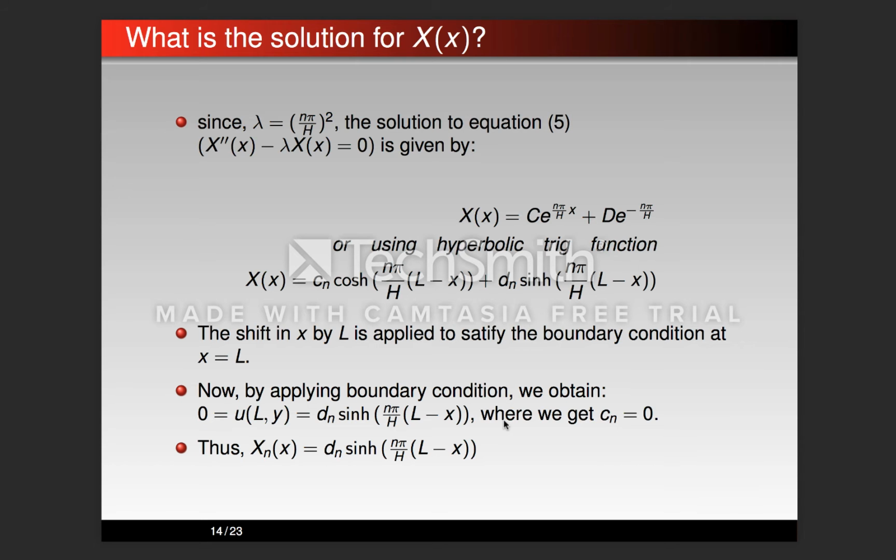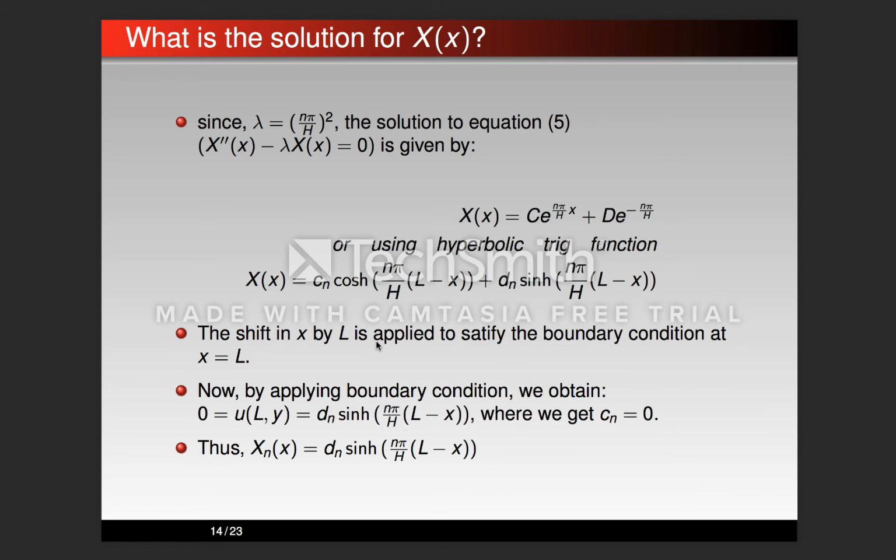So this solution can be written in the form of hyperbolic trig functions where x of x equals c n cosh n pi by h (L minus x) plus d n sinh n pi by h (L minus x). The shift in x by L is applied to satisfy the boundary condition at x equals L.